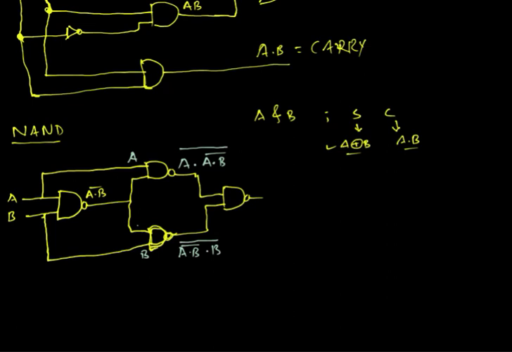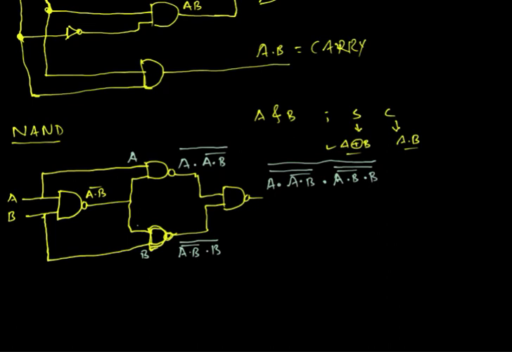Now these two are given to this one, so let's see what this will give. A and B complement is one of the inputs. It is ANDed with A and B complement, and B complement, all complement will be the output.